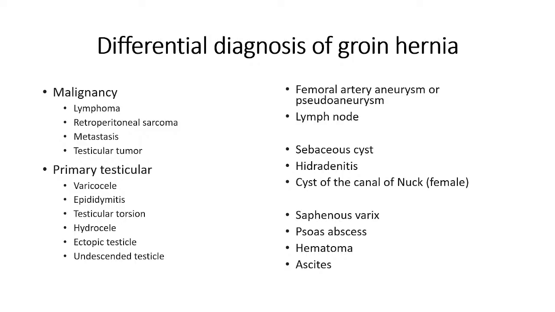Other swellings may be malignancies like retroperitoneal sarcomas, secondaries to the inguinal lymph nodes, testicular tumor, lymphomas, or simple cutaneous swellings like lipoma, sebaceous cyst, or swellings arising from the vessels, like femoral aneurysm, or a venous disorder like saphena varix, which is the varicosity of the superficial veins in that area.